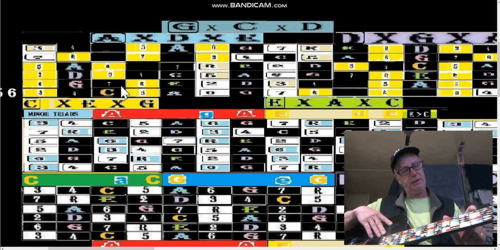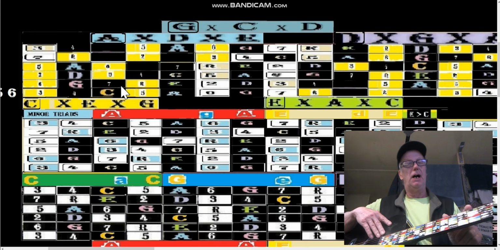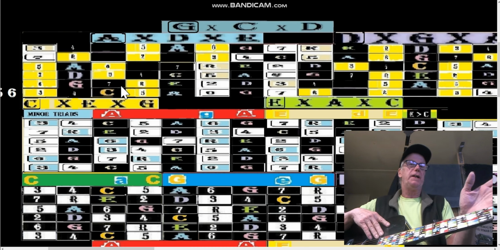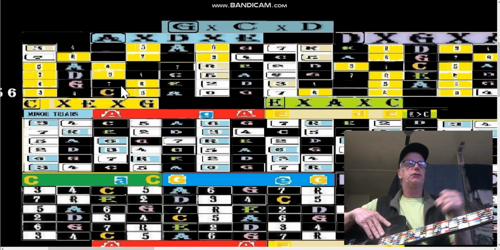Okay, so this is my C cage, this is my A cage, or tripentatonic A cage, tripentatonic C cage. When we go towards the fret nut, we're going the CAGED word backwards.